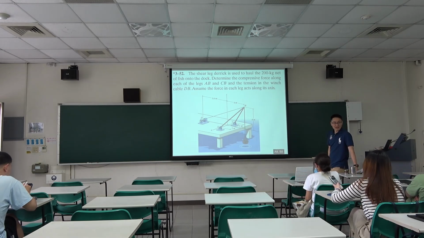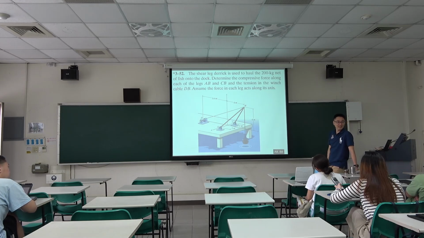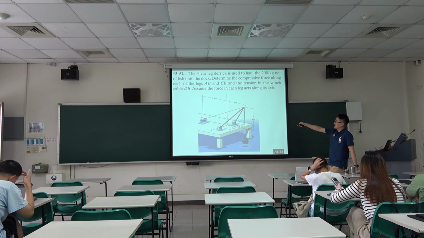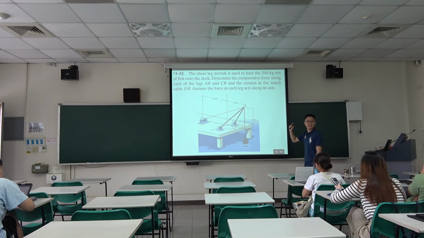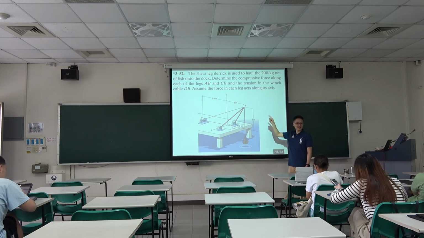But keep in mind, this one is a cable, so it only has tension. Remember, I mentioned yesterday, or last week, that tension is the force that lifts away from the particle.